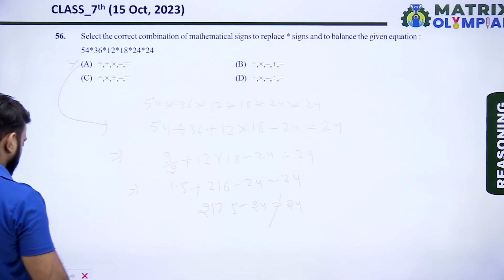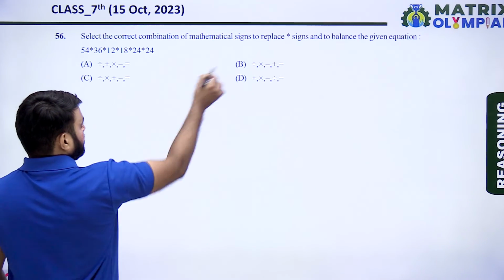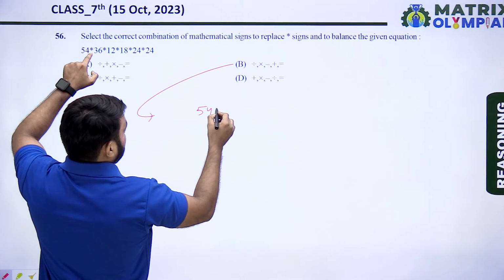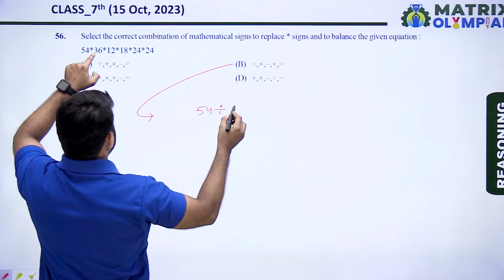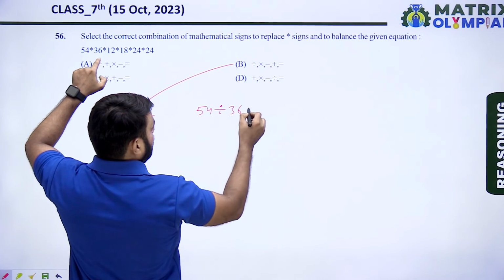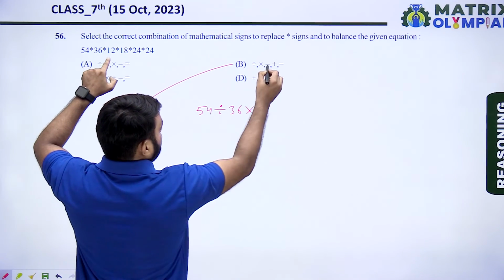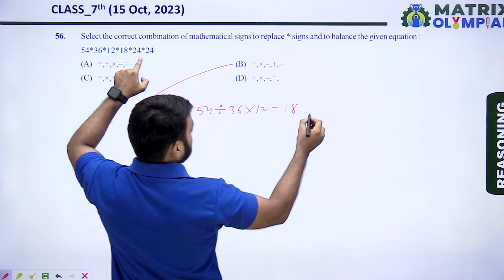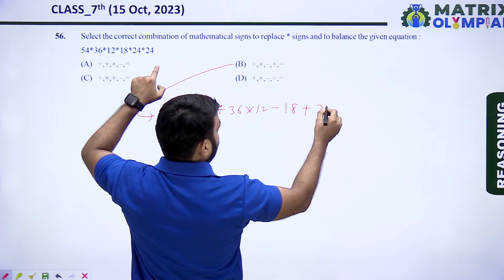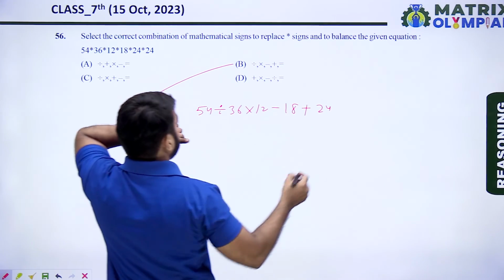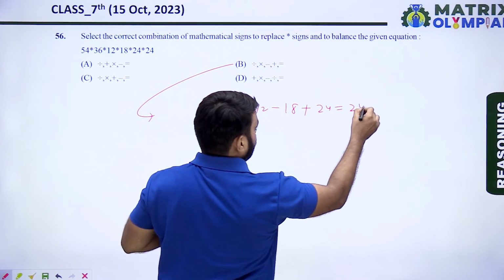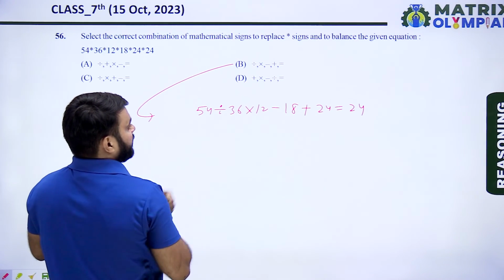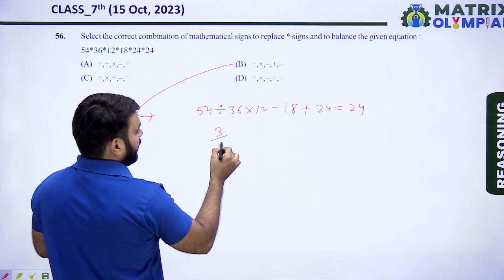Now take option B. Taking option B, 54, first asterisk means divide, second asterisk means multiply, 12, third asterisk means minus 18, fourth asterisk means plus 24. Now fifth asterisk means 24 equals to 24. So 54 divided by 36, it means 3 by 2.